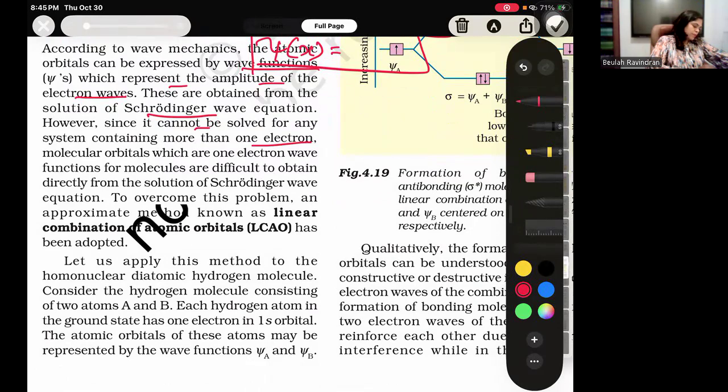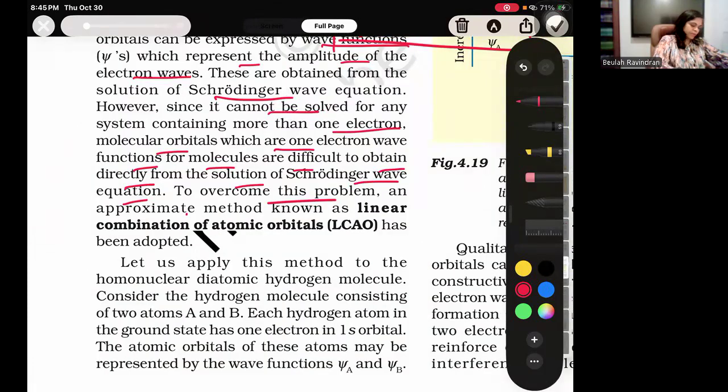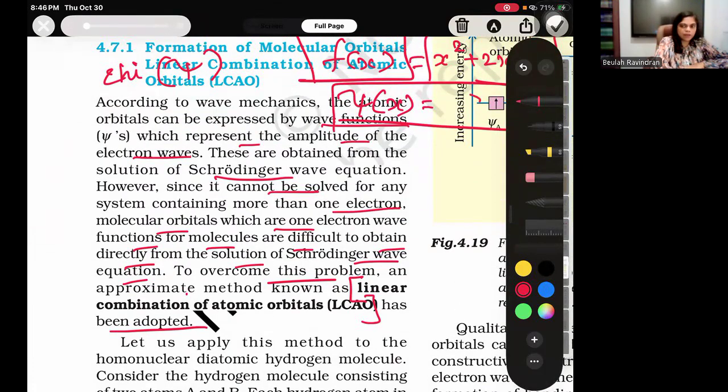So molecular orbitals, which are one-electron wave functions for molecules, are difficult to obtain directly from the solution of Schrodinger's wave equation. To overcome this problem, an approximate method known as linear combination of atomic orbitals has been adopted. For a single electron in an atomic orbital, from the Schrodinger wave equation we can get a solution and then define it.